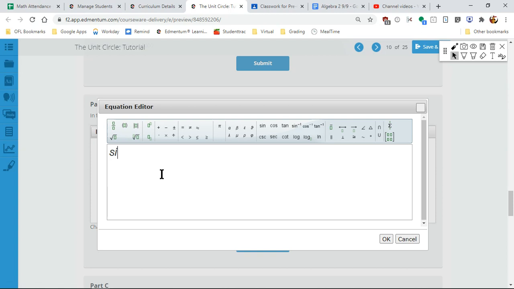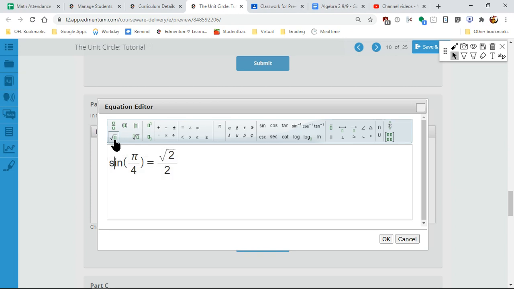All right, so sine of pi over 4. Pi over 4 again is 45 degrees. And this is going to be square root of 2 over 2.